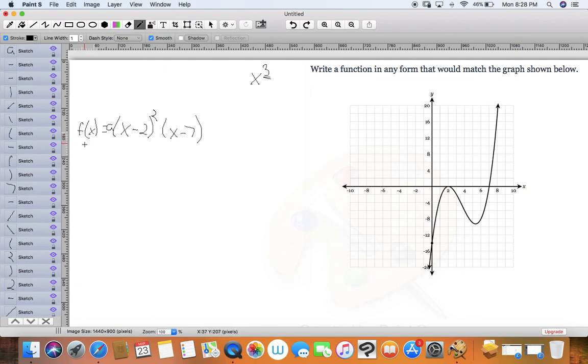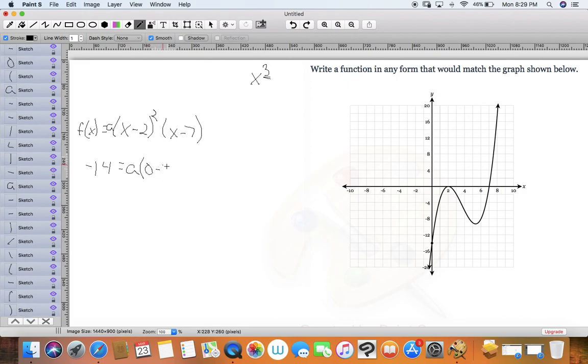So when x is 0, our y is negative 14, and we see that over here. It's going by 2, so negative 12, so that would be negative 14. So I'm going to plug negative 14 in here. We're looking to find out what a is, and when y is negative 14, it's because the x value is 0. So we're plugging in 0 any place we have an x.